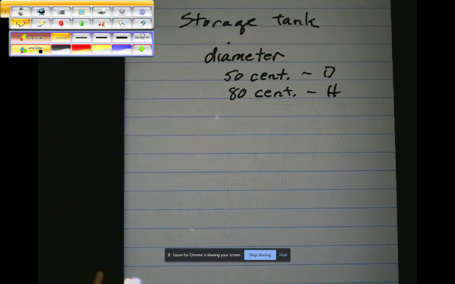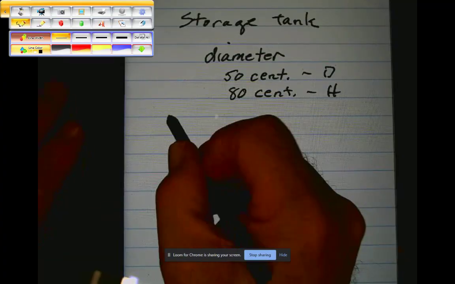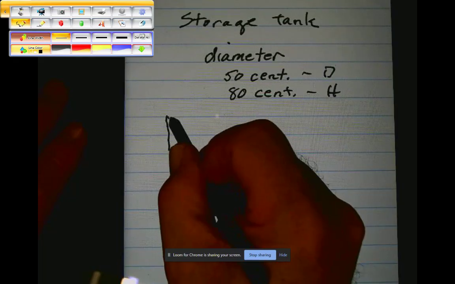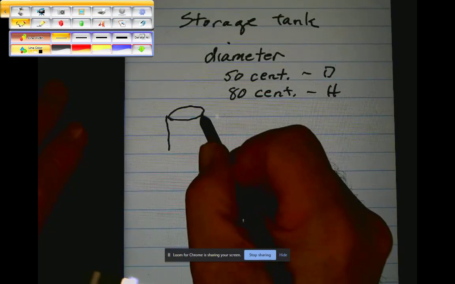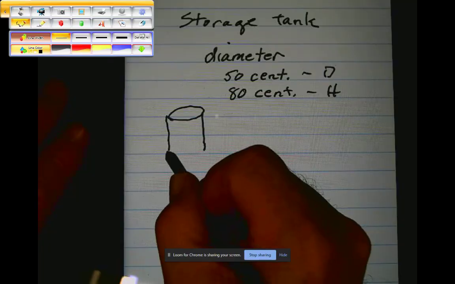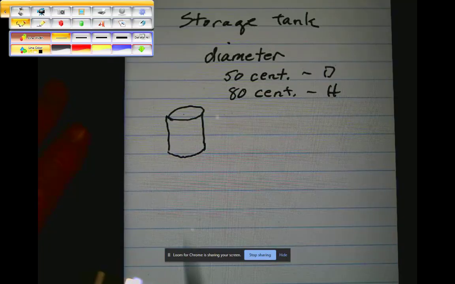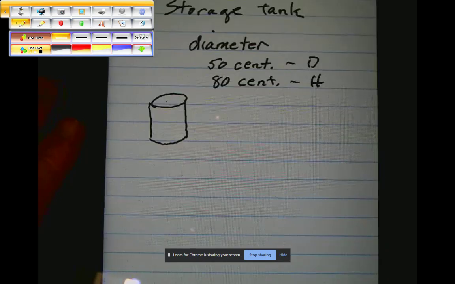If we use length times width for the area of a rectangle, and length times width times height for the volume of a rectangular prism, then we should be able to take the area of a circle, because what is a cylinder other than two circles, a circle on top, a circle on the bottom, that are the same size, right?